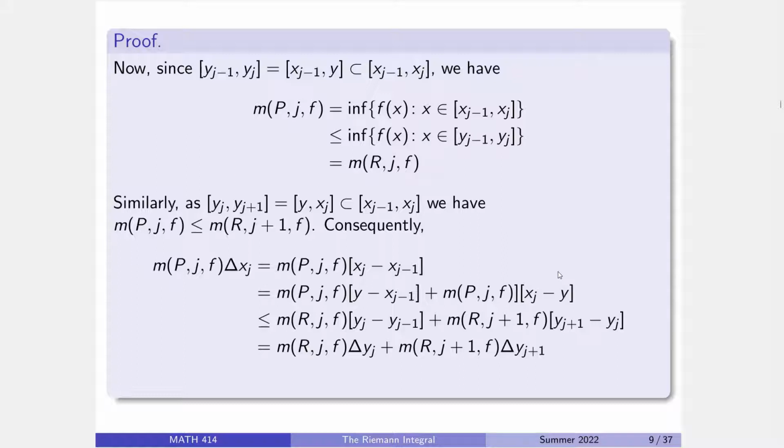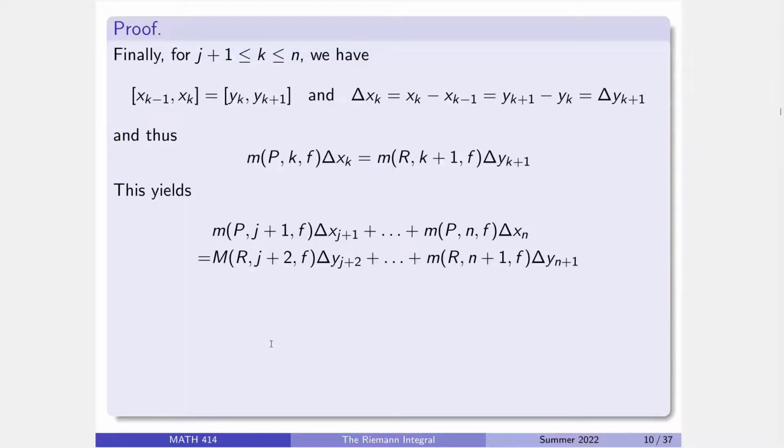The proof now is effectively over because we've now justified why an inequality shows up, because when we look at the rest of the subintervals, they are identical, so the Darboux sums line up. It's only at that jth spot where the inequality jumps in, because on that jth subinterval, we split it in half, essentially, or we split it in twain, and then the lower sums could potentially get bigger.